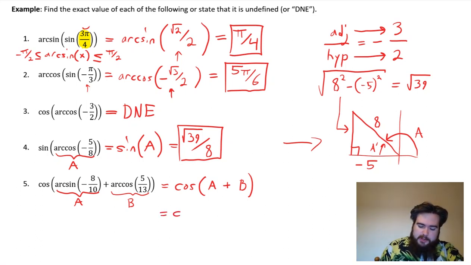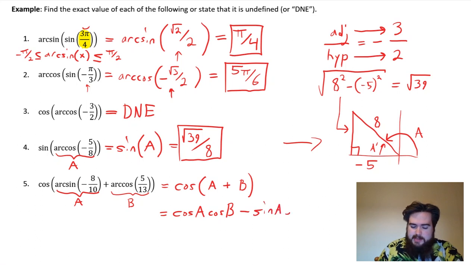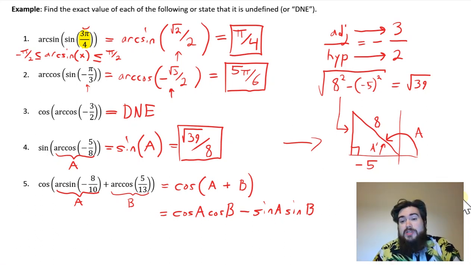The sum identity for cosine there would be cosine of A times cosine of B minus sine of A times sine of B. So this is going to work just like the previous part of this problem. As long as I know sine and also cosine of both A and B, then I don't actually need to know what A and B are themselves.